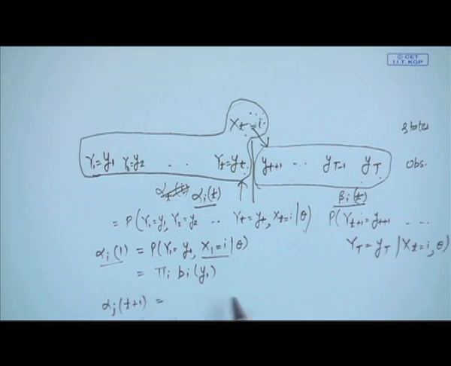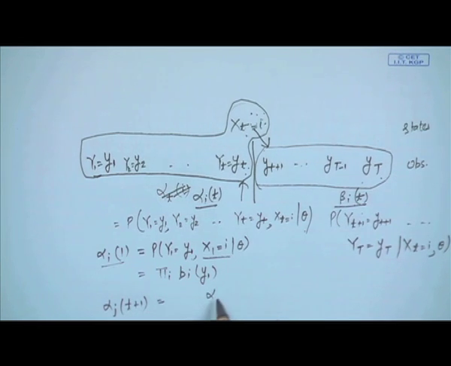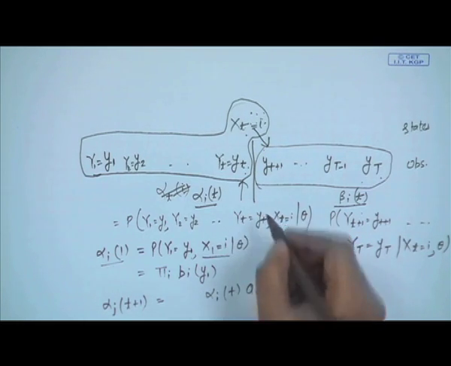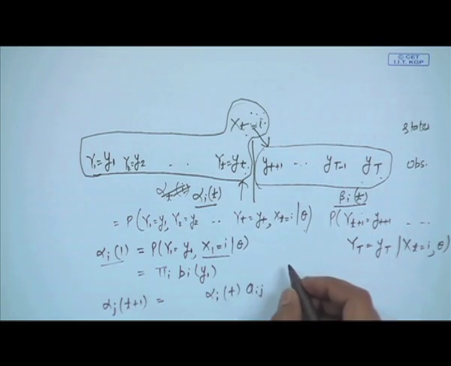Alpha I t at the previous time step, I had some state I, I have the transition from I to j, so times a I j, and now I have the emission for the t plus 1th observation, that is bj y t plus 1.